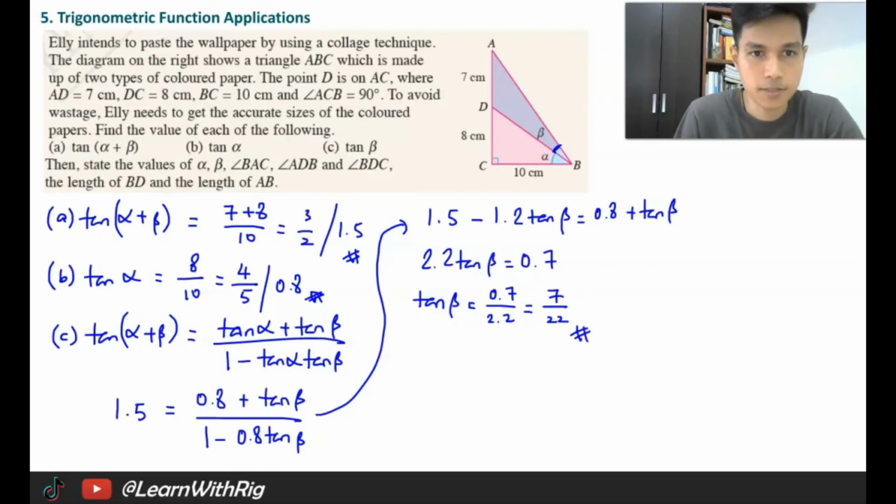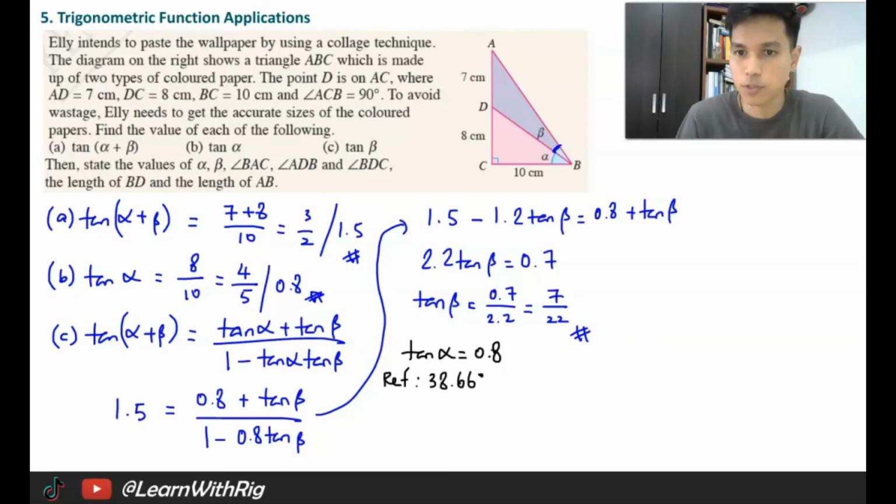Next, they ask: state the values of alpha, beta. So they want you to find alpha, beta. You already found all this, so you can just do it like how we have learned so far. I use a different color. Tangent alpha equals 0.8. So the reference angle is 38.66.